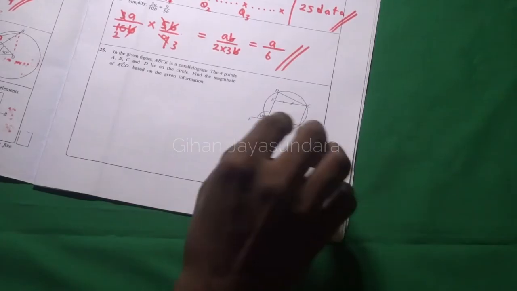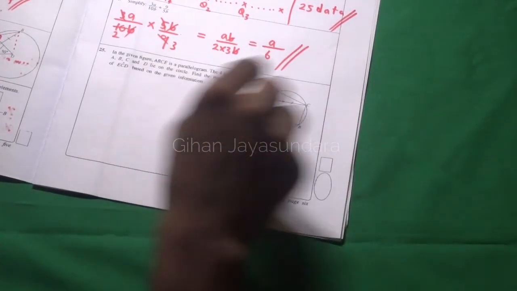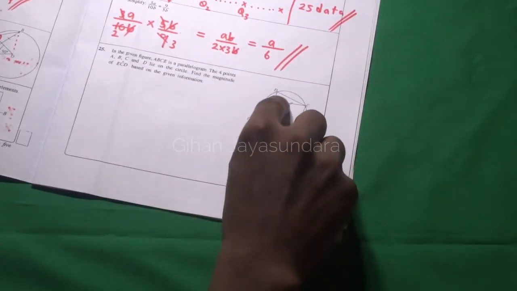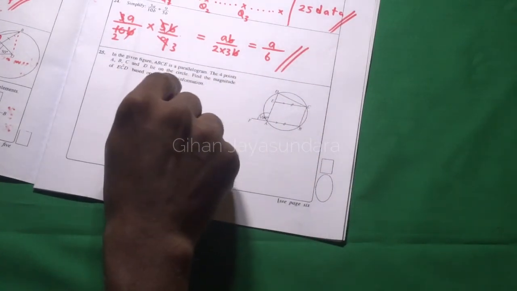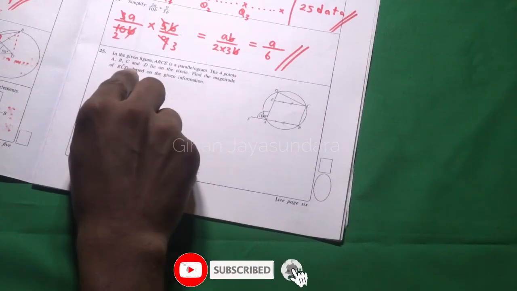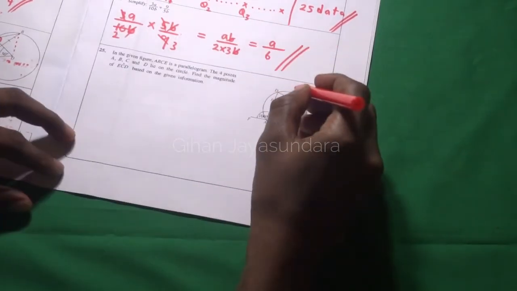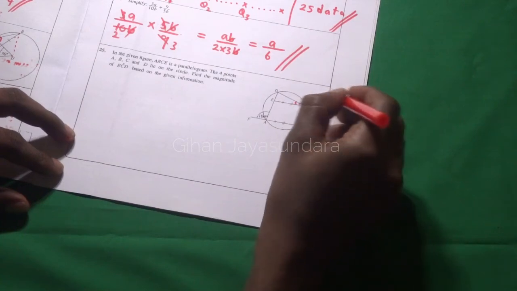The last question, 25th one. In the given figure, ABCE is a parallelogram. The 4 points A, B, C and D lie on the circle. Find the magnitude of ECD based on the given information. So ECD, this is what you have to find out.